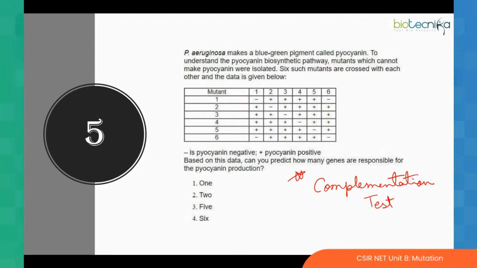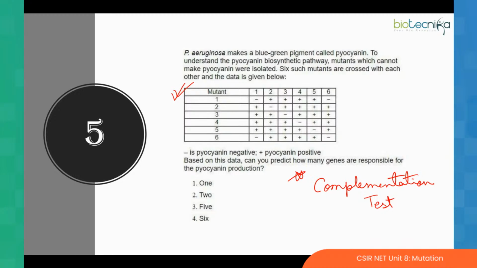But one thing you have to remember is that in the question they will not mention that it is a complementation test. So what are the clues to identify that it is a complementation test related question? First of all, a table like this. In this table, crosses are happening between different pairs of mutants.